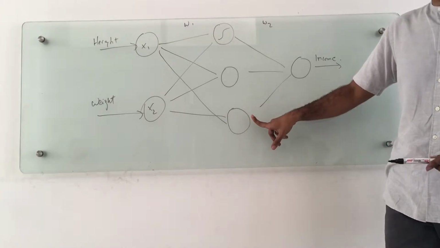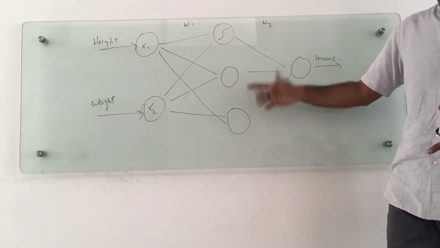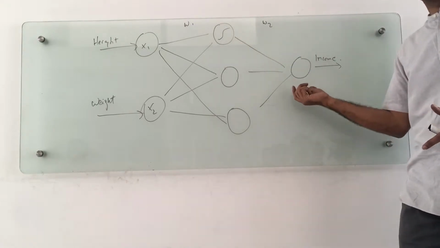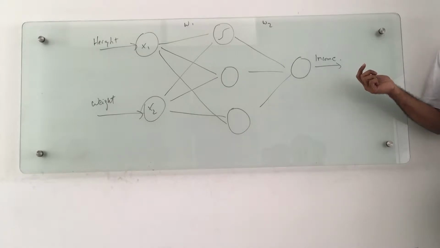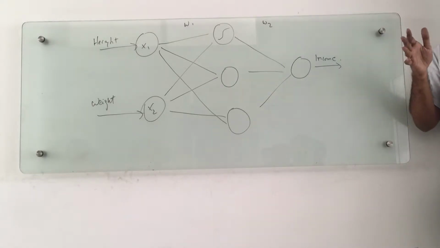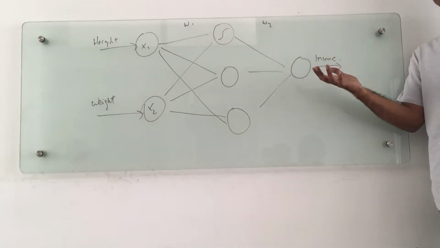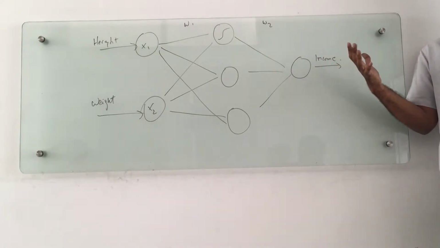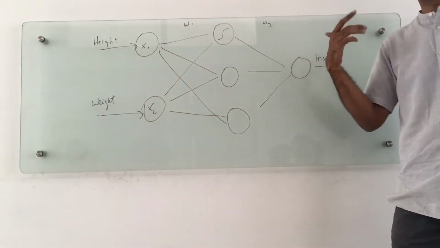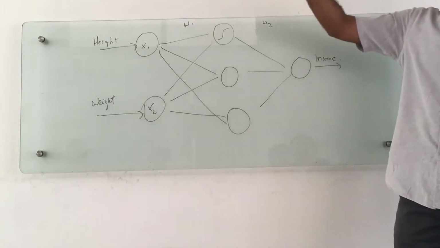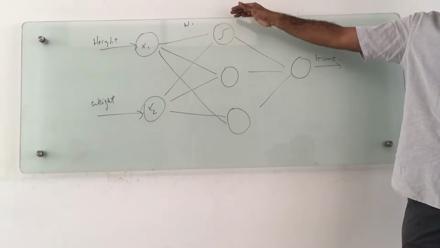This might be outputting 10 times height plus 20 times weight. Those combined again will probably lead you to the right value of income. That is some horribly complicated expression with a lot of matrices involved. But at the end of the day, they're trying to mix and match height and weight and give you income. One very easy way is probably 10 times height plus 20 times weight will give you the income of a person.